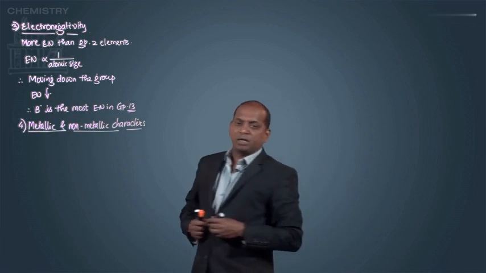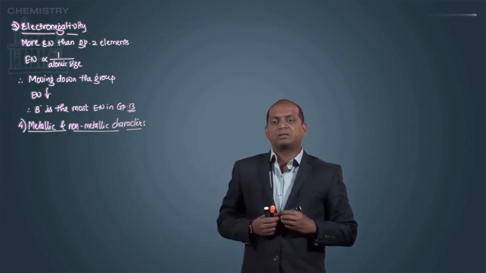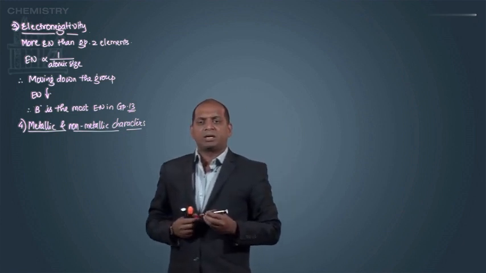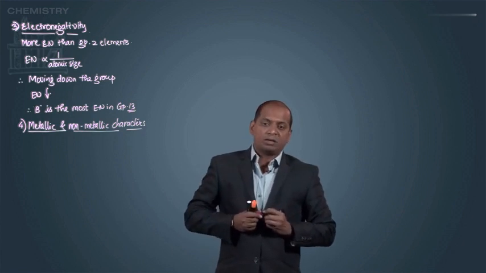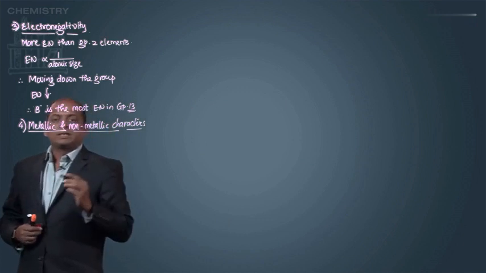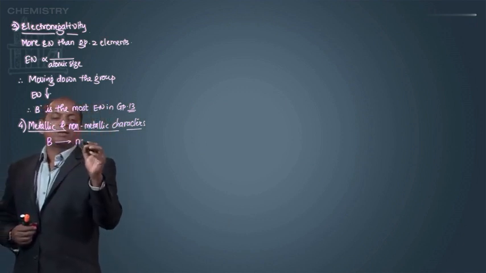The greater the electronegativity, the more the non-metallic character. Non-metallic characters include being a bad conductor of electricity, not malleable and ductile, no particular luster, and forming especially covalent compounds and so on. So in group 13, boron is a non-metal.